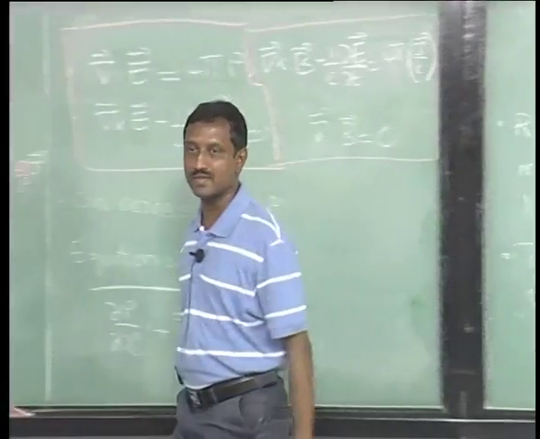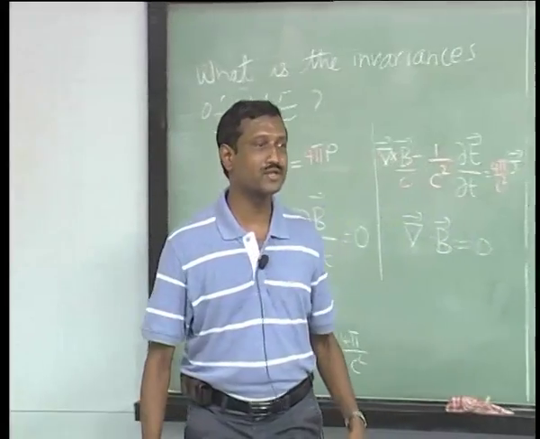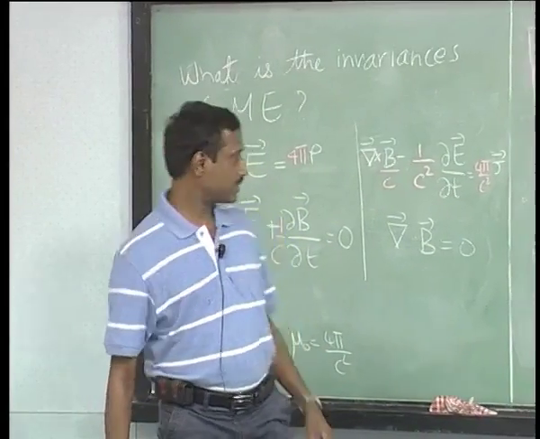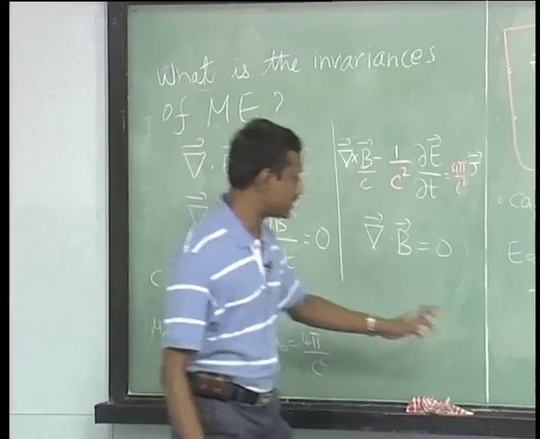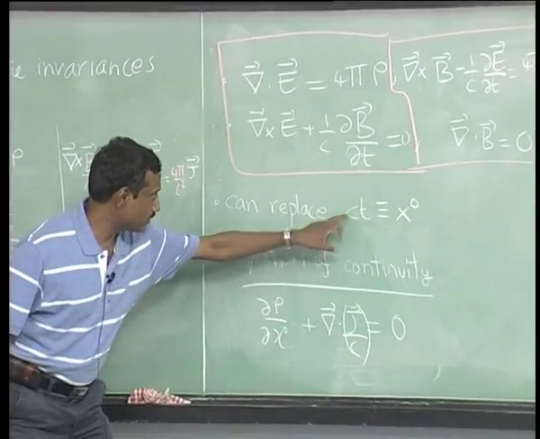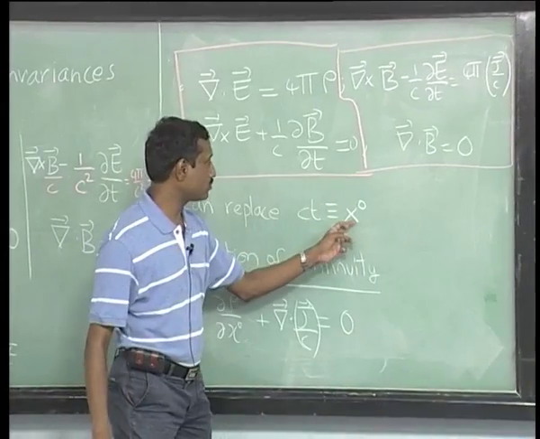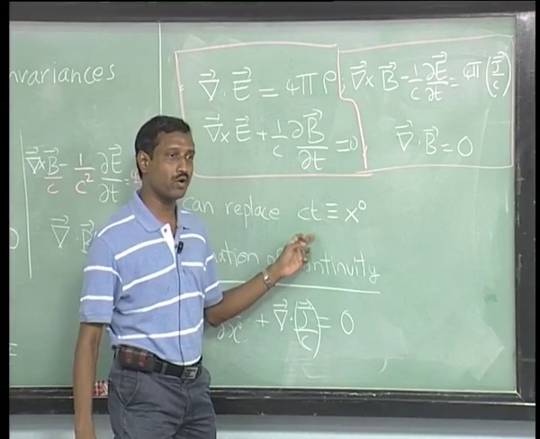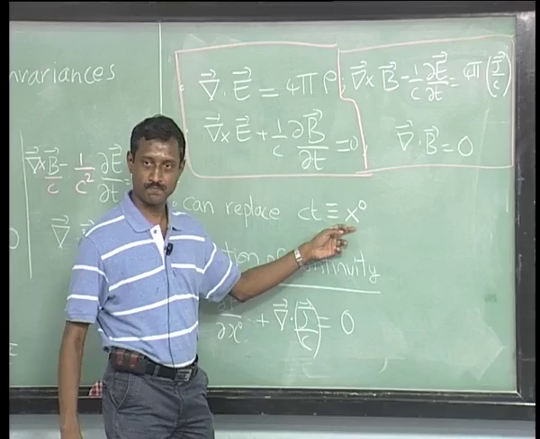We will see that there is a similar representation of Lorentz boosts. The key point is that x0, which we defined out here, is time measured in units of length.